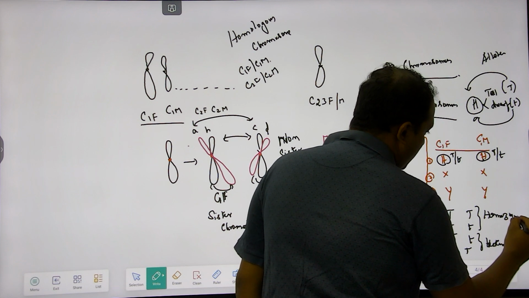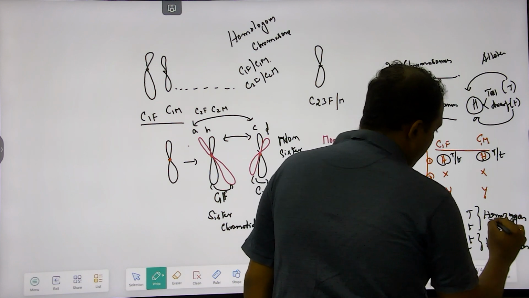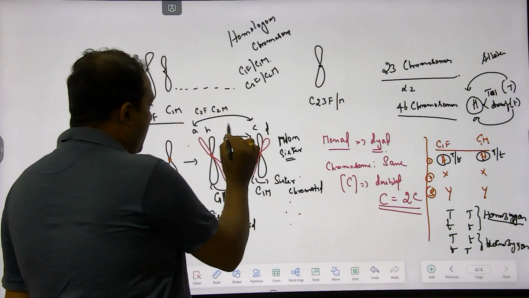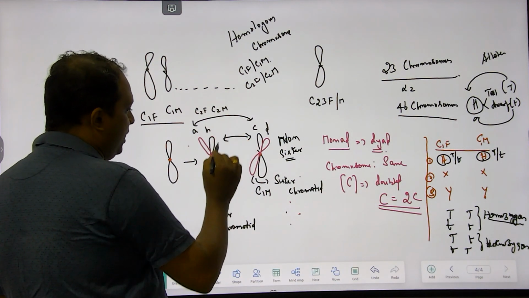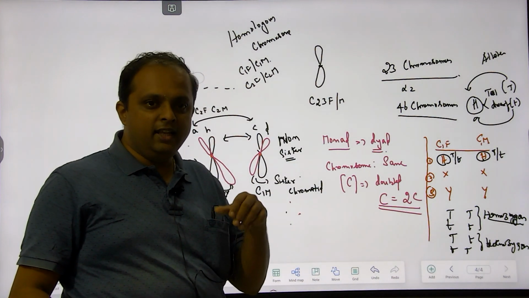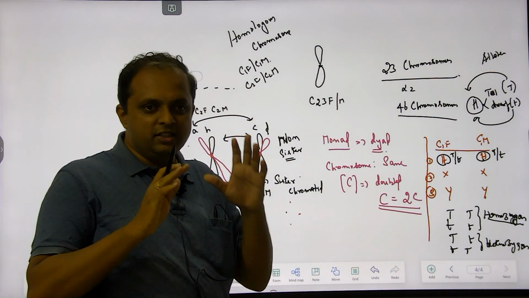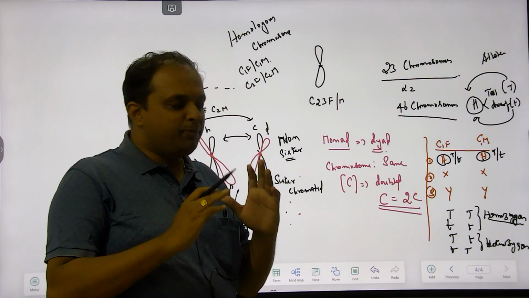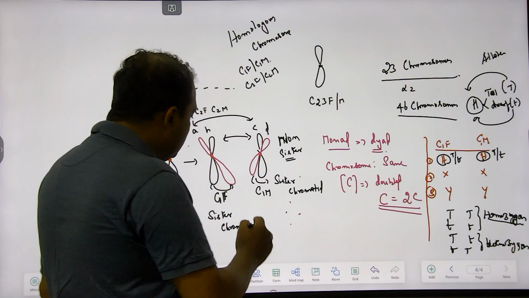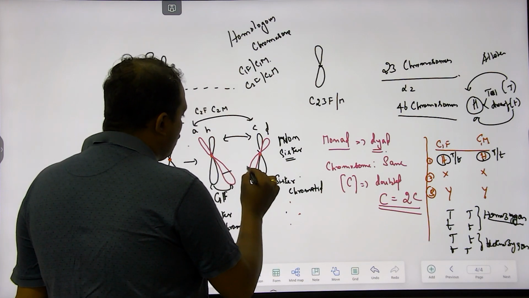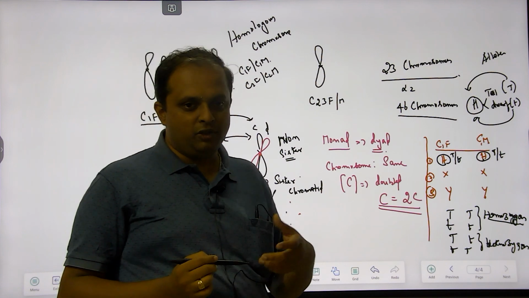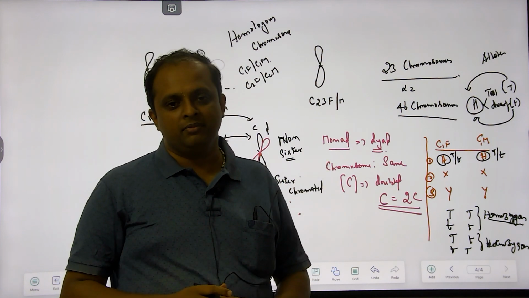So my point here is that the non-sister chromatids, that is A and C or A and D, B and C or B and D, between homologous chromosomes might have the same gene profile, but the alleles might be the same or might be different. But in short, the allele profiles between homologous non-sister chromatids are not the same, they are going to be different. And this exchange between non-sister chromatids of homologous chromosomes is what we call recombination, which we will be discussing in the part on meiosis, right?